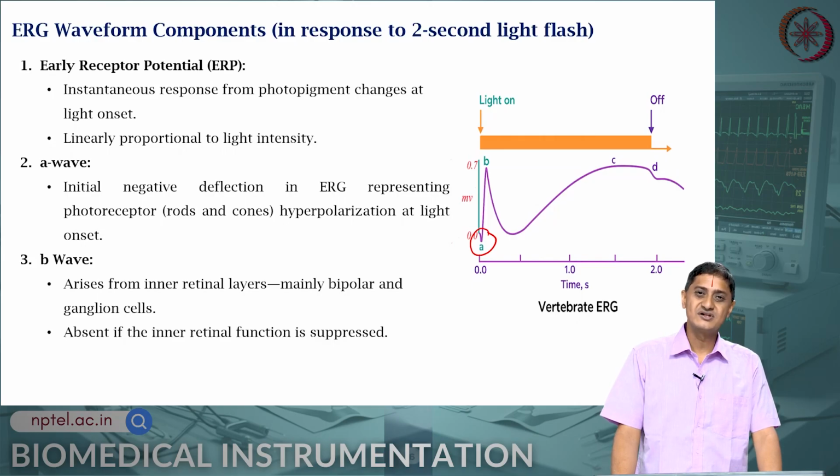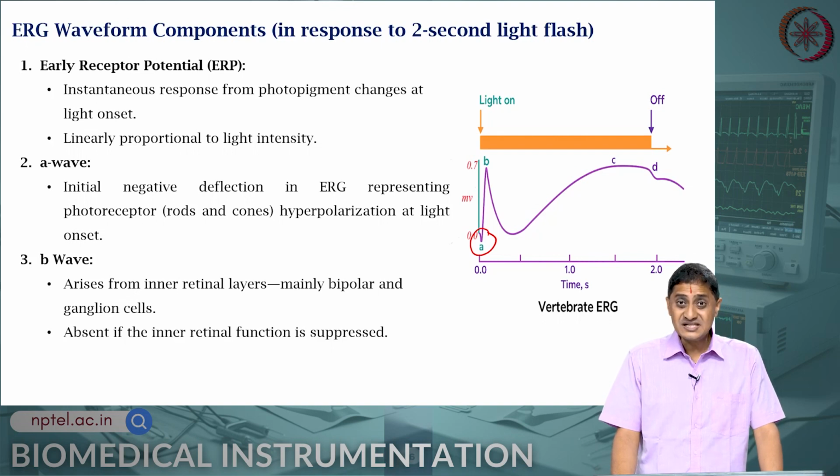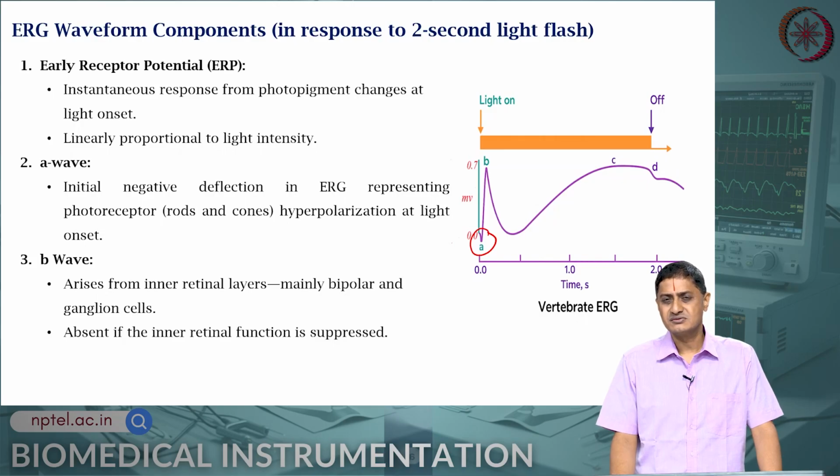This is the physiology we discussed, very brief physiology. So, that initial negative deflection is essentially representative of the photoreceptor activity, hyperpolarization that happens when light is incident on the cornea.